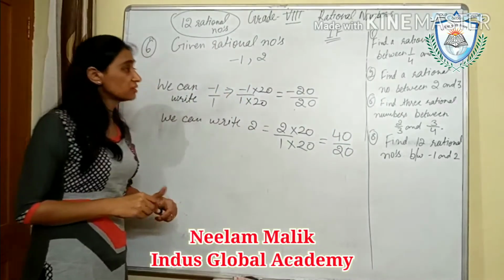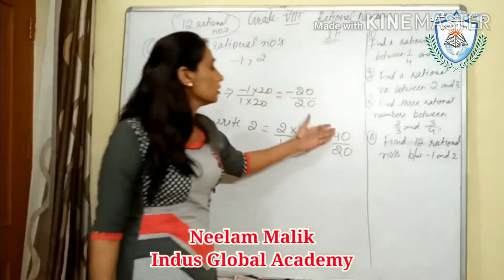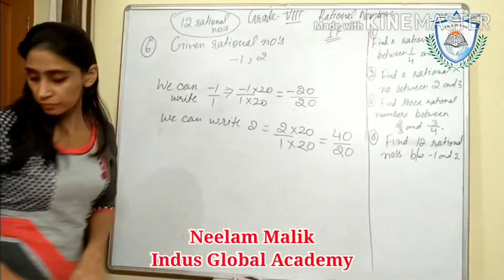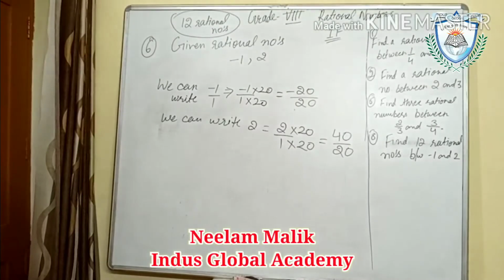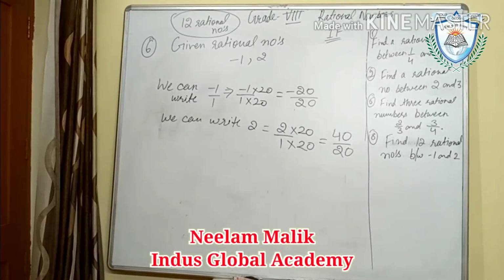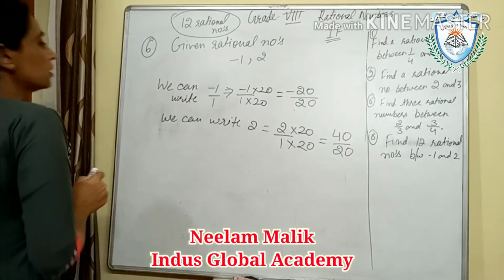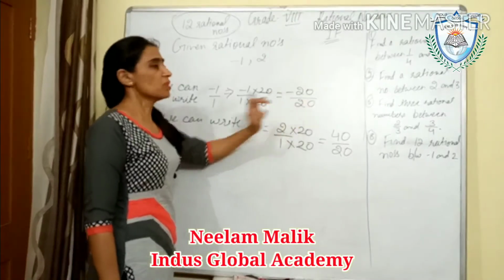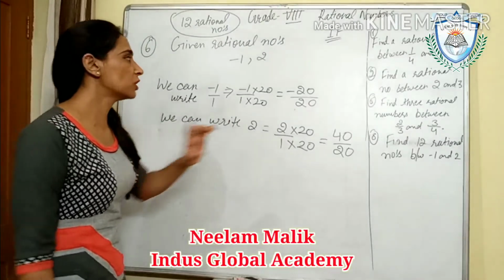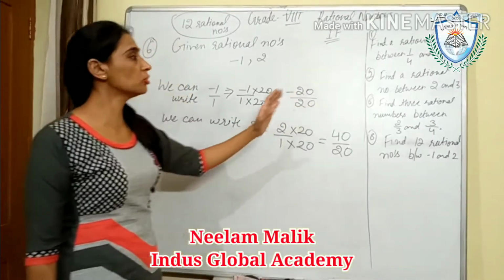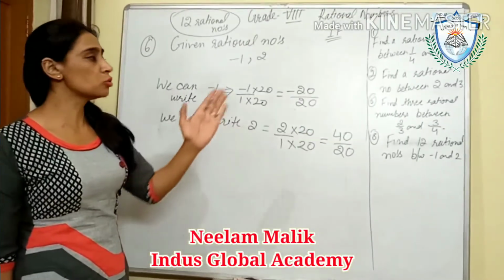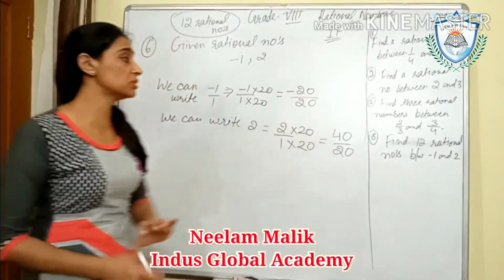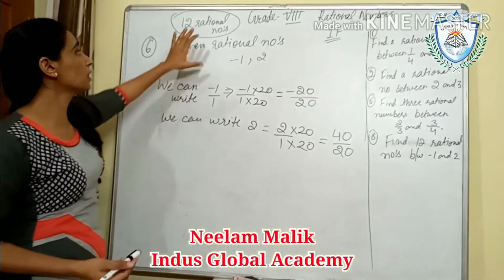Now the denominators are the same, so what is the difference here? From minus 20 to minus 1 there are 19 numbers, then 0, then plus 1 and 2, 3 up to 39. There are approximately 60 numbers there.